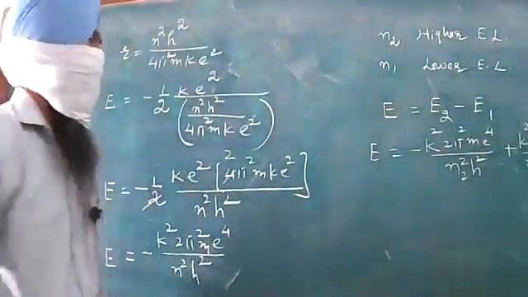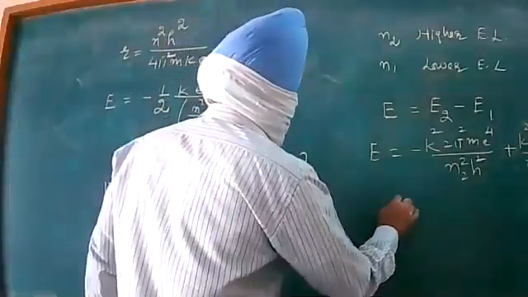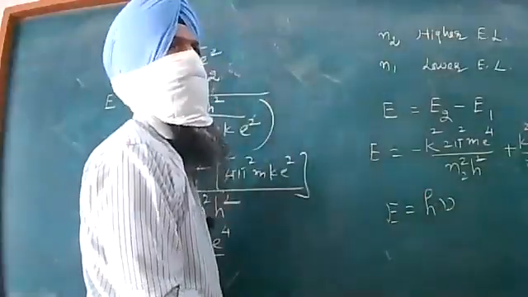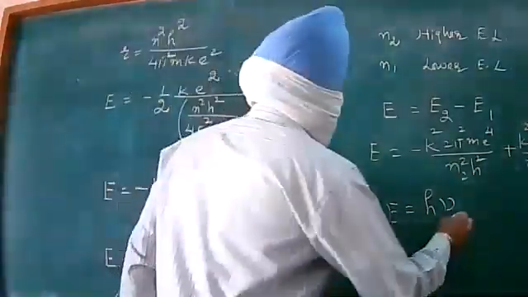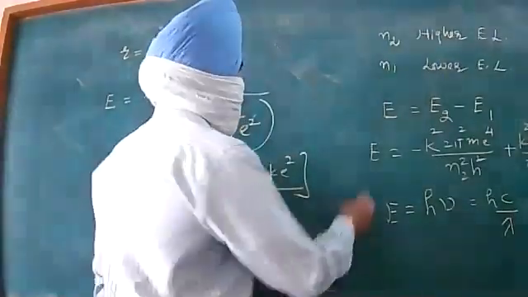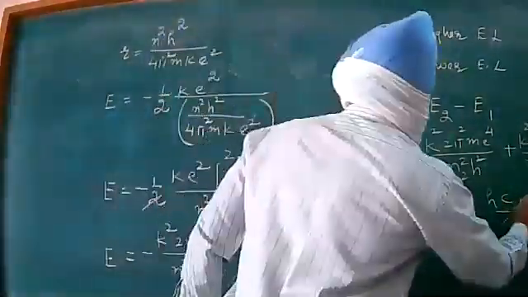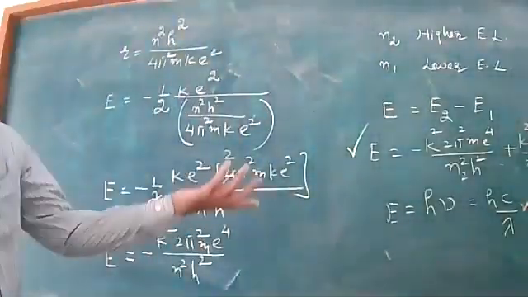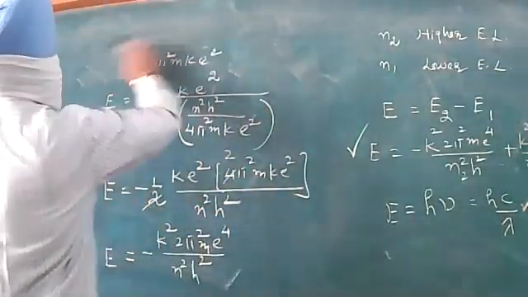Dear students, you are also aware of the fact that E is equal to h nu beta. We have discussed it so many times, and also beta, it is hc by lambda. So here in this place I will substitute this and I will adjust these terms also. So let us do the adjustment beta.